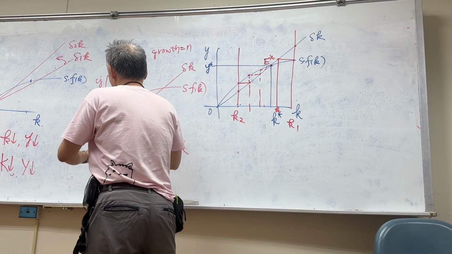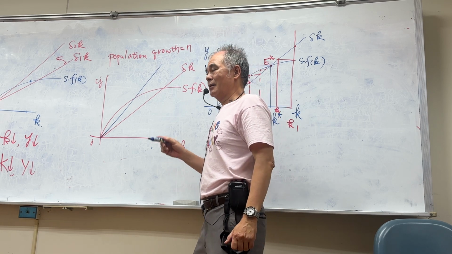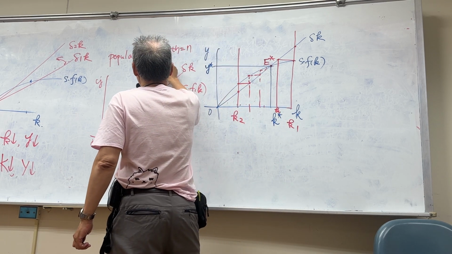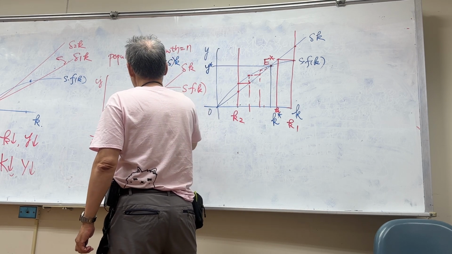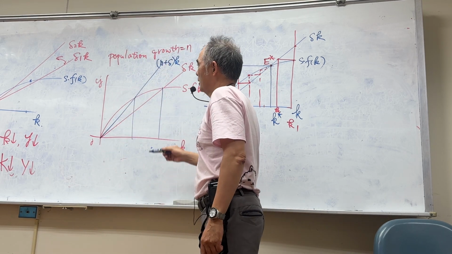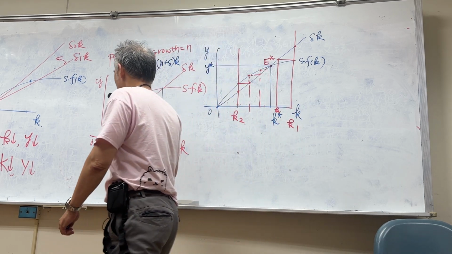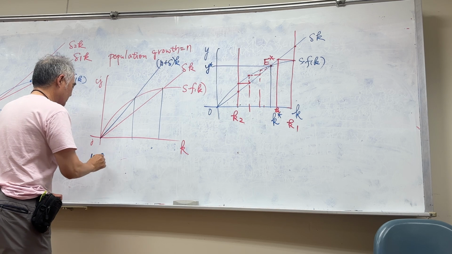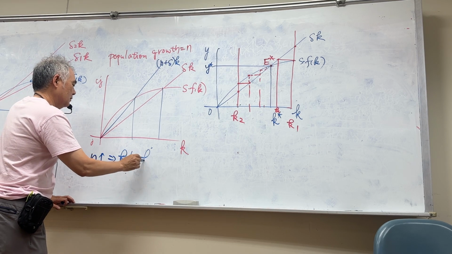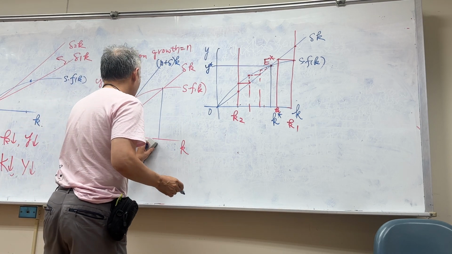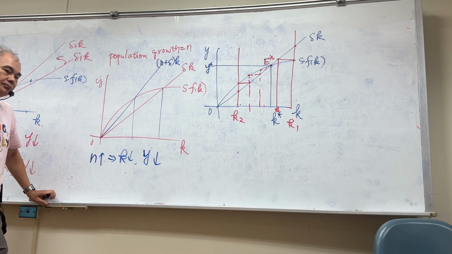So let us say now if we consider the population growth, so you have (n plus delta) times little k. So what happened? Okay, if population growth rate goes up, what happened? Little k goes down, and also little y goes down.